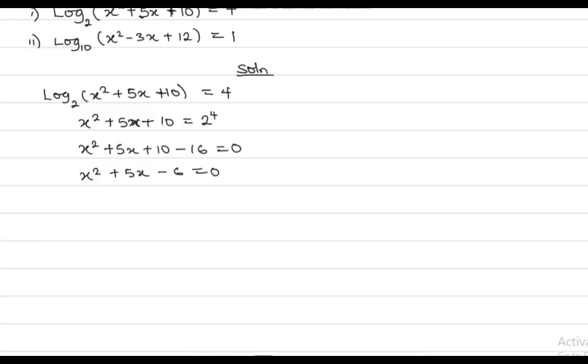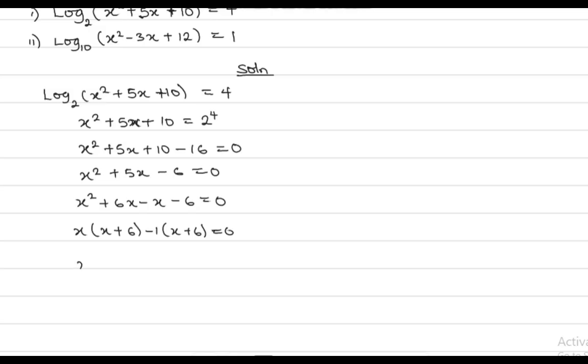And so this will simply give us x squared plus 6x minus x minus 6 being equal to 0. Trying to factorize, x being common in the first two terms, plus 6. Then minus 1 being common in the next two terms, which is x plus 6, now being equal to 0.